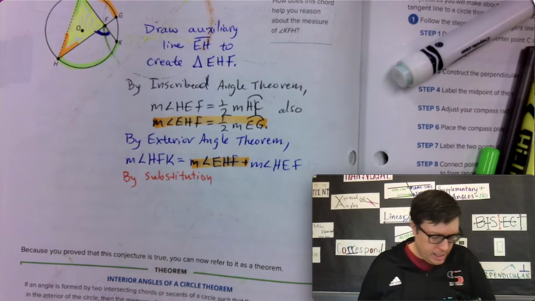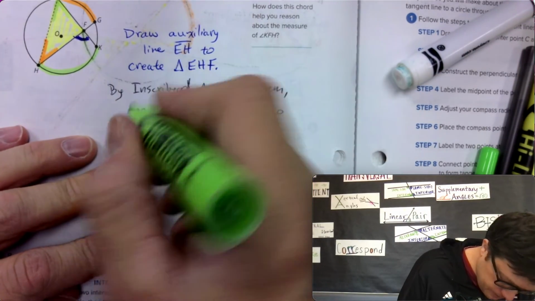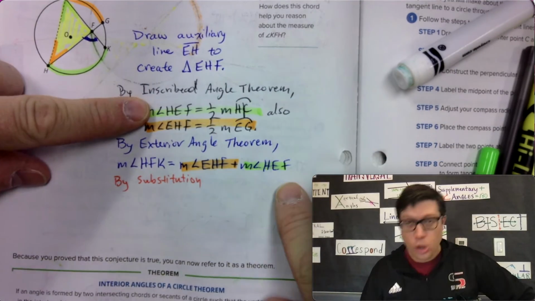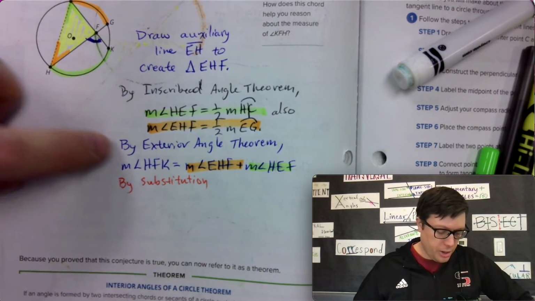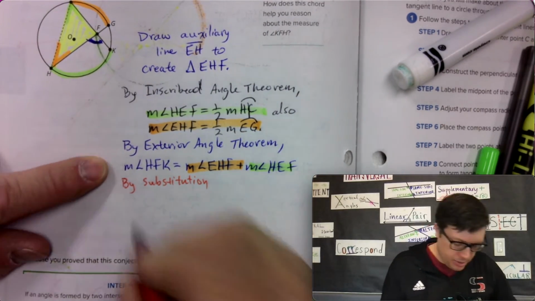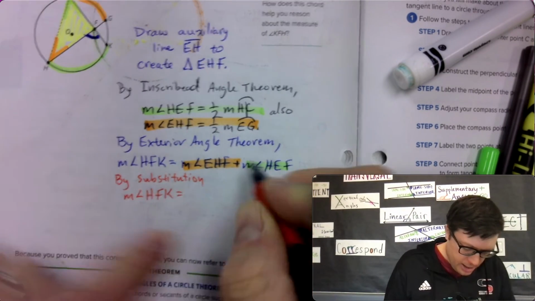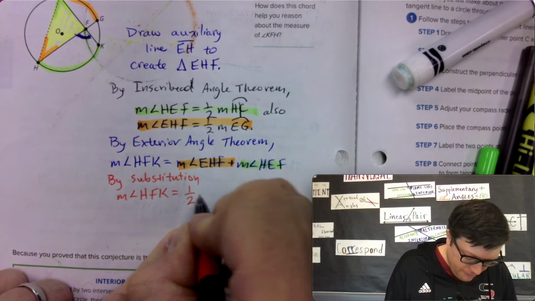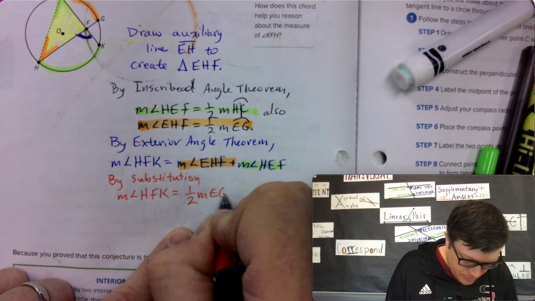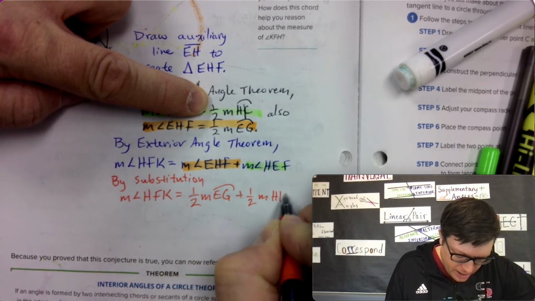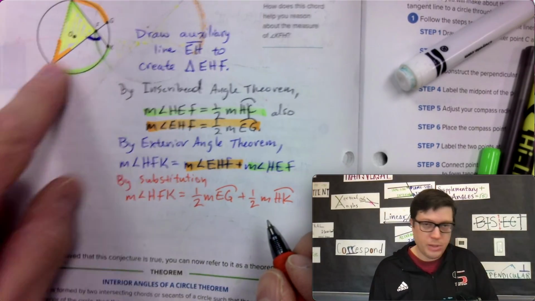And I highlighted HEF green. So by substitution, green will go to green and orange will go to orange. The thing that's not highlighted sticks around. The measure of angle HFK equals 1/2 the measure of EG plus 1/2 the measure of HK. That's a K, right? I had to adjust.